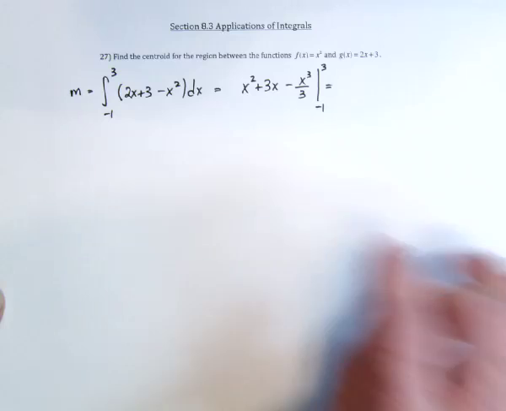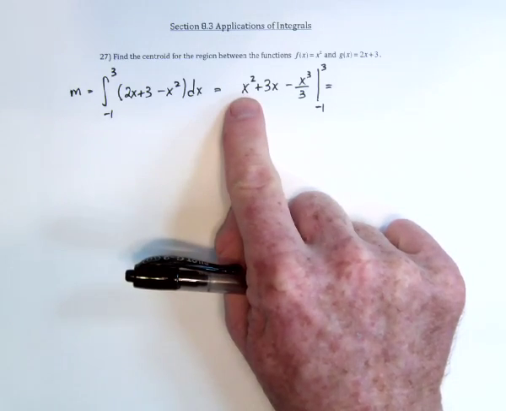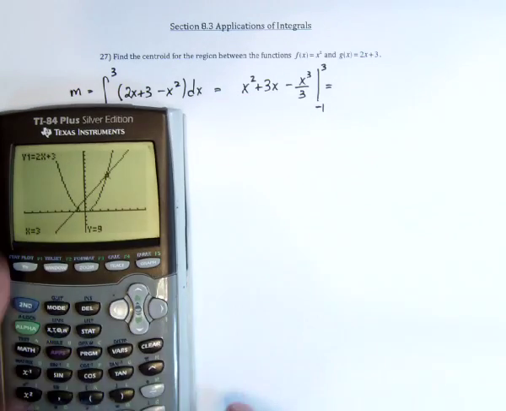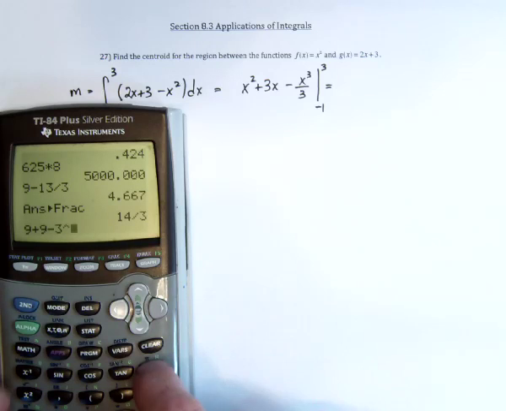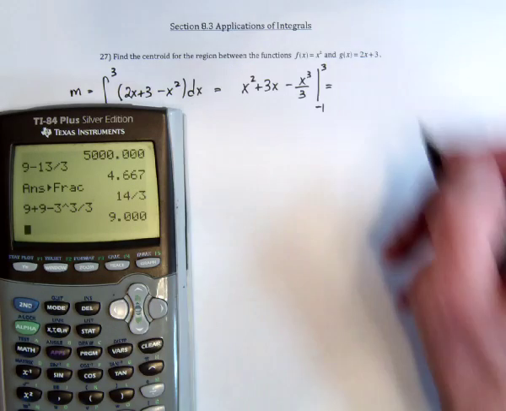When you substitute in a 3, this is going to be 9 plus 9 minus 3 cubed over 3. So that's a grand total of 9.